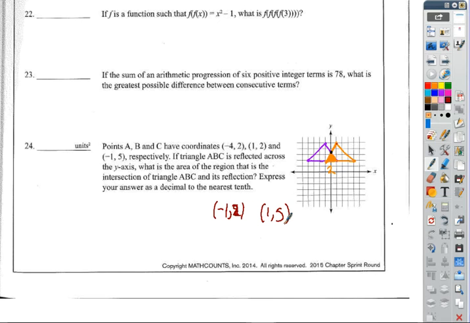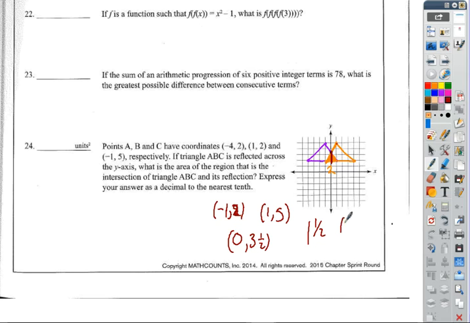And so the midpoint occurs halfway in between my x values and my y values. So halfway between -1 and 1 is 0, right? Shocking! 2 and 5, halfway between 2 and 5 is, well, it's going to be 1.5 away from each, which would be 3 and 1/2. So that means that this distance from here to here is going to be 1 1/2.